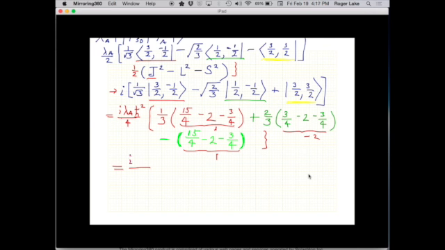So I lambda A h bar squared over 4 times 1/3 minus 4/3 minus 1, which finally, after all this work, is equal to minus I lambda A h bar squared over 2. That's it. That's our matrix element.